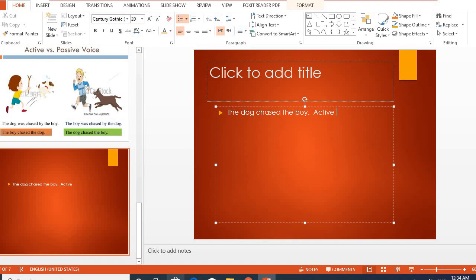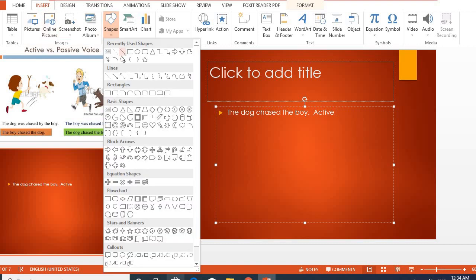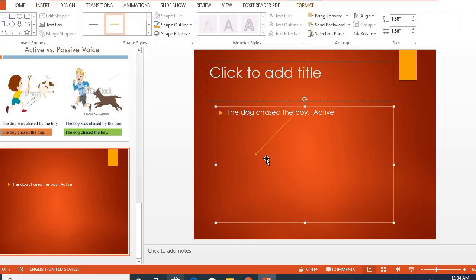The dog did it. The dog is the one who did the verb. The dog, subject, chased, verb, the boy, object. Active sentence. When I have to make it passive, I simply take the object. So I take the object, I put it at the beginning.